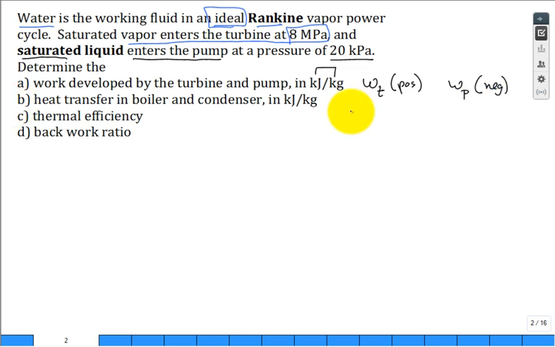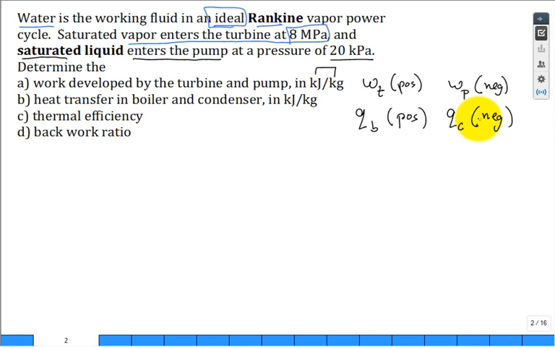Part B, what is the heat transfer to the working fluid in the boiler? QB. That, we anticipate, is positive into the working fluid. And then what about the heat transfer in the condenser? QC, and again, I anticipate a negative answer for that. I want heat transfer into the device, but it's really out of the device, and so it's going to be a negative answer.